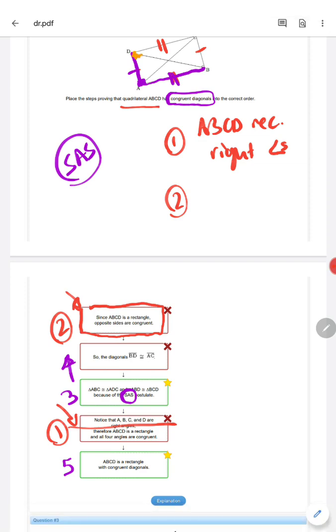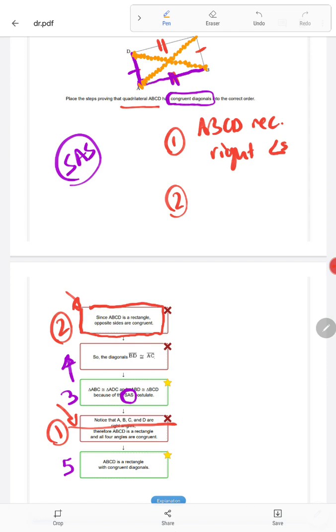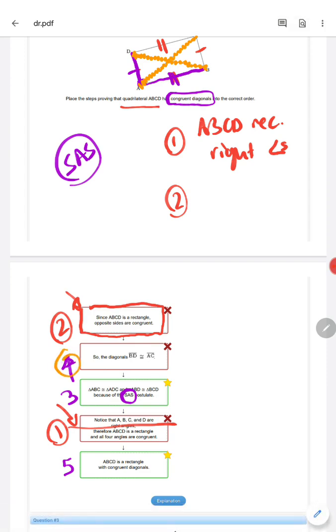The corresponding sides are this one here and that one here. They correspond to each other: DB and AC. So those should be equal to each other, because now we know that the triangles are congruent. Their corresponding sides must be equal. That would be my fourth step.